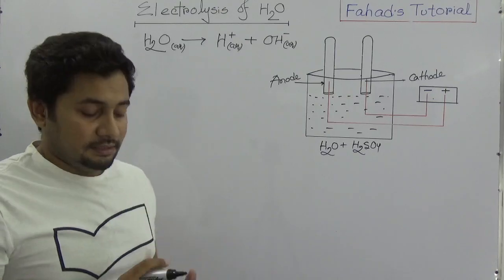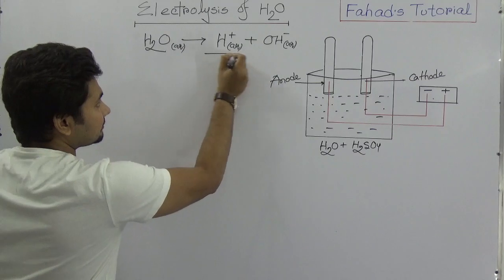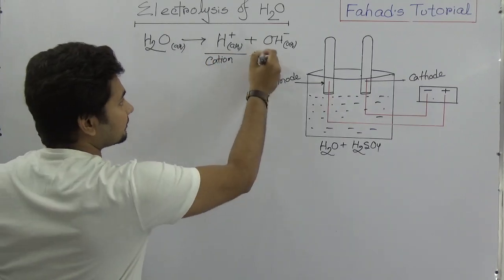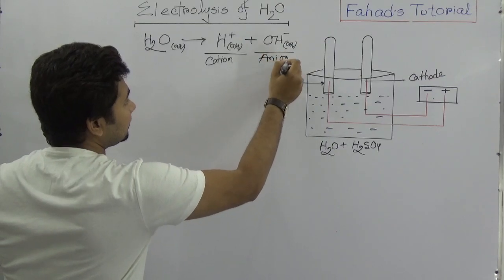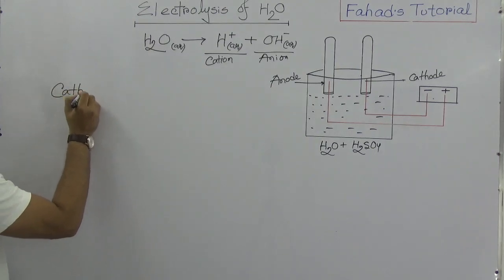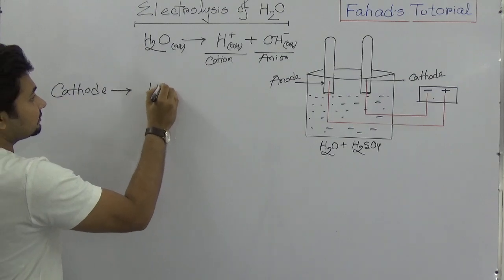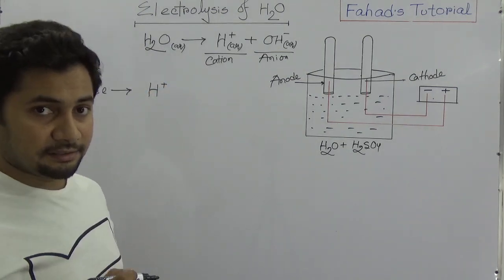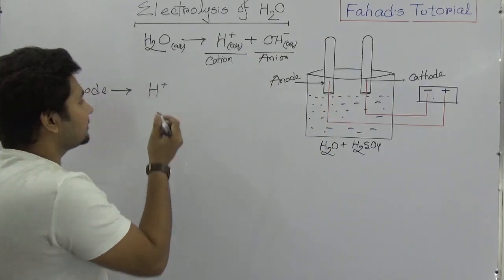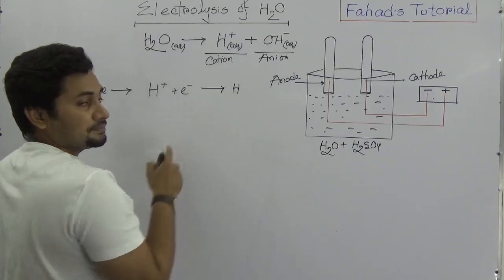So what would be the reaction? You know that this is a cation. So cations will go to the cathode and anions will go to the anode. In the cathode reaction, what will take place? This hydrogen plus, which is the cation, will come to the cathode and accept one electron to form hydrogen.